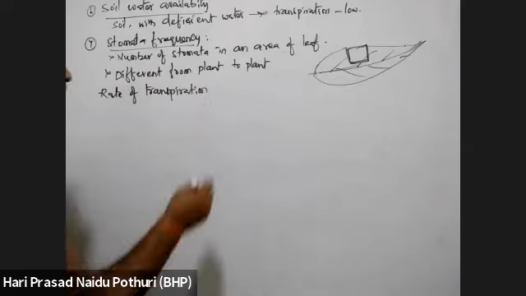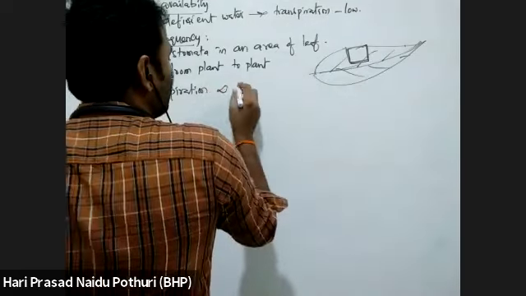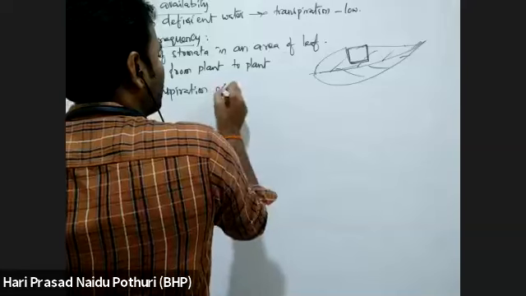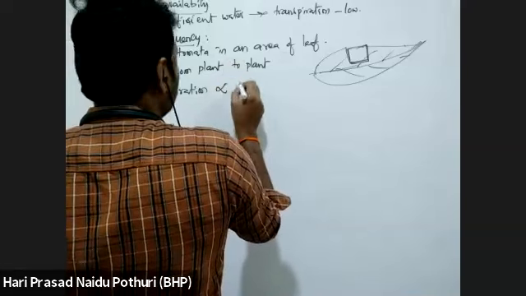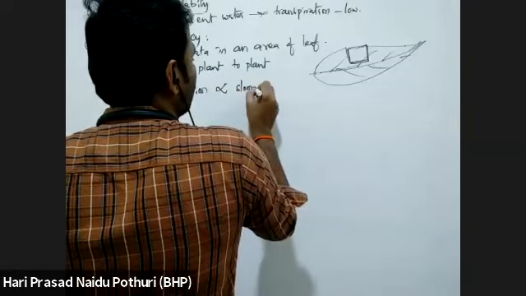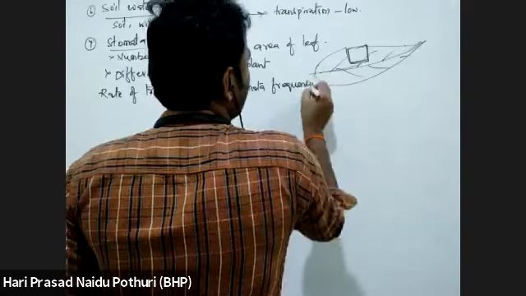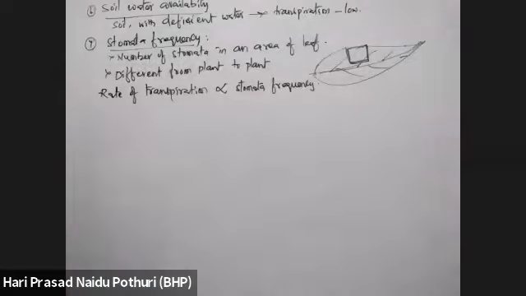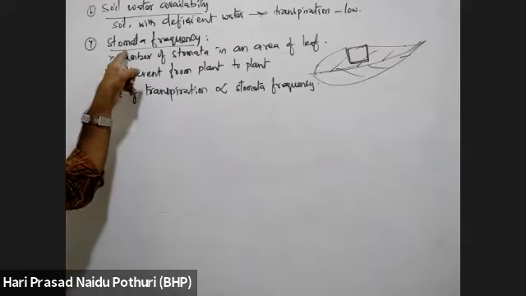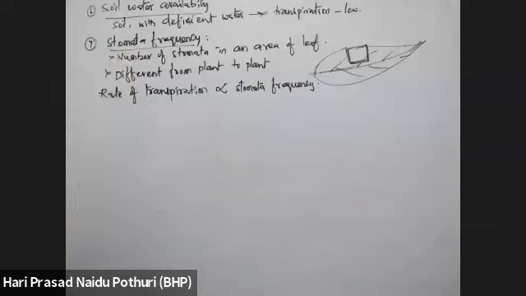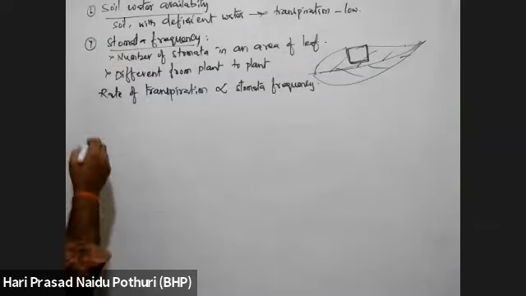Rate of transpiration is based on this. It is directly proportional to stomata frequency. More stomata are there, means more rate of transpiration. That is one thing. Okay, that is stomatal distribution, stomatal number. That is one thing. And one more thing.